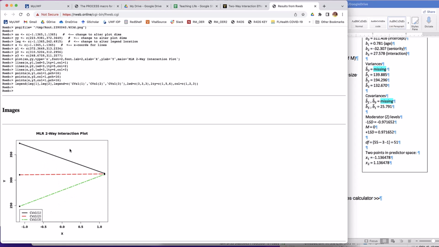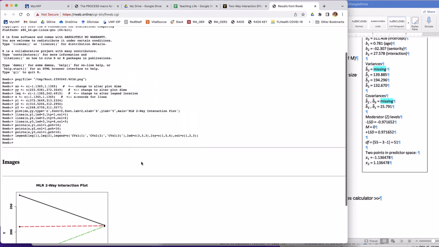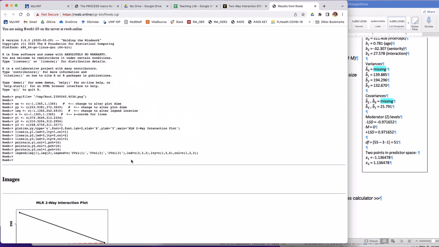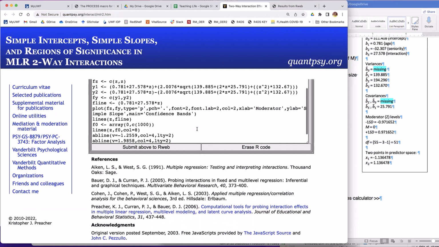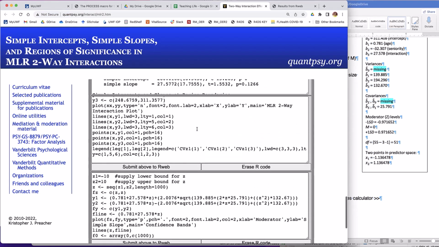The direction of the impact is different according to seniority, but it did not have a significant change in the relationship between age and job sat. Okay, I'm going to leave that there for now.